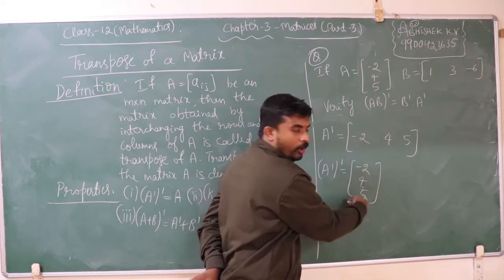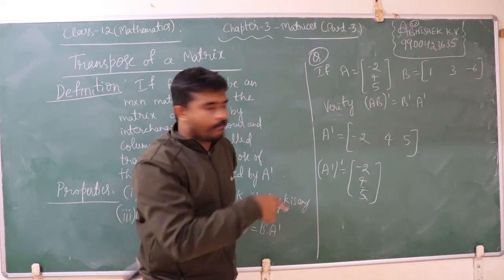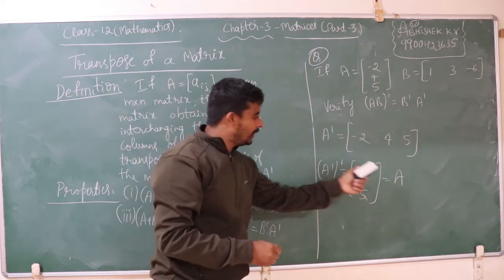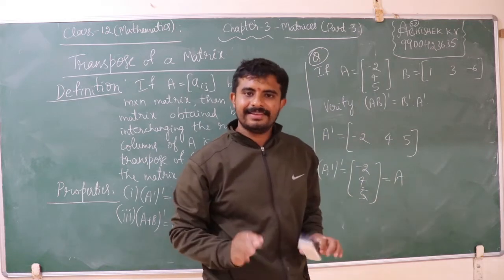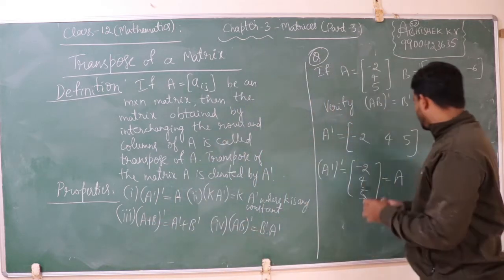Minus 2, 4, 5 is of order 3 by 1. This is equal to A. A transpose whole transpose is equal to A. Is it clear? Therefore, this is the first property.